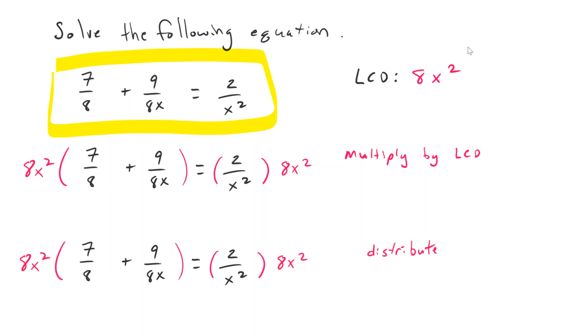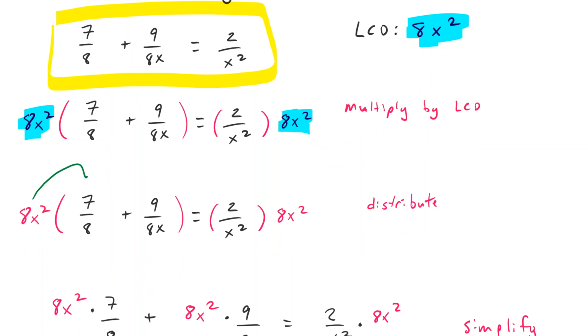We're going to start out by multiplying everything by the common denominator. We do this because it's going to clear all of the fractions in one quick step. So we multiply both sides of the equation by 8x squared.